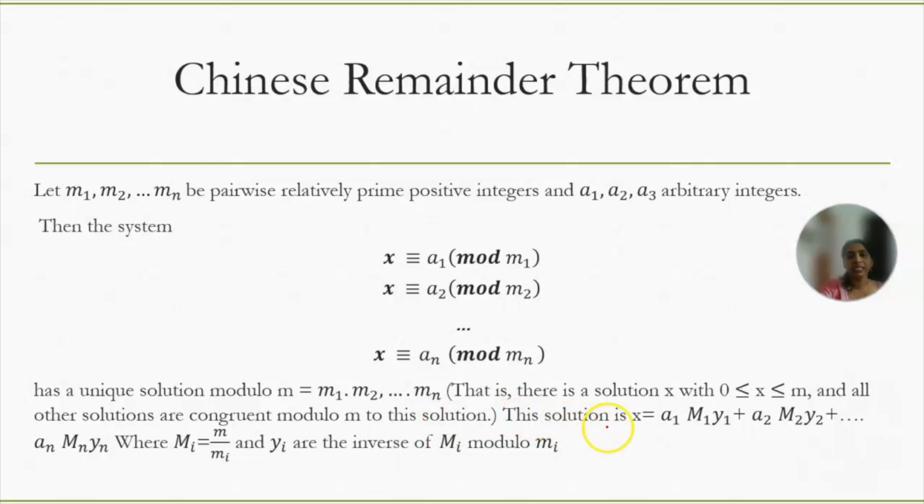The solution is x equal to a1 M1 Y1 plus a2 M2 Y2 plus etc. plus an Mn Yn, where Mi equal to M divided by small mi, and Yi is the inverse of capital Mi modulo small mi. And this exists for i equal to 1, 2, etc., n.